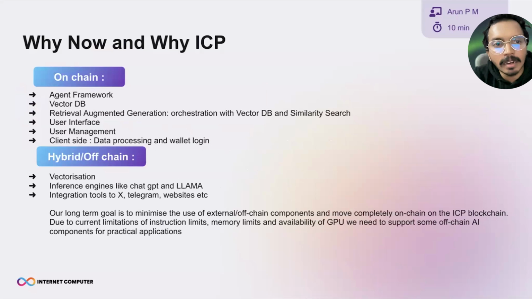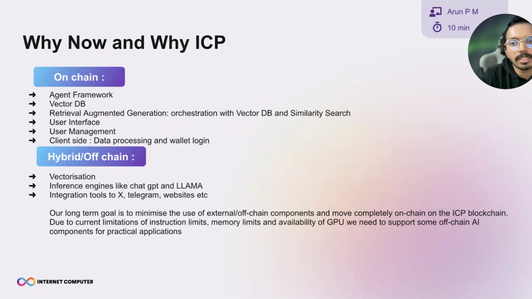In ELNA, we started off with user data and user management on the blockchain, in a hybrid model. Some things we need to reinvent, like the basic inference engine, which has to be built. So we make it possible, for example, for off-chain models to be used. Most of the data, more specifically the user data, vector database, and execution and orchestration, happens completely on chain.